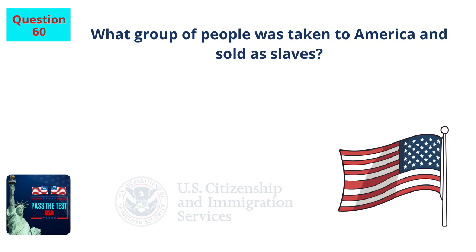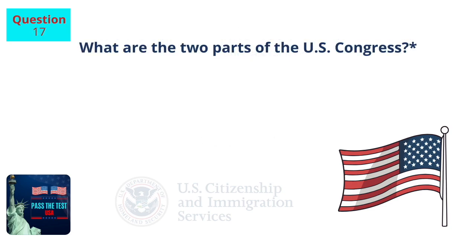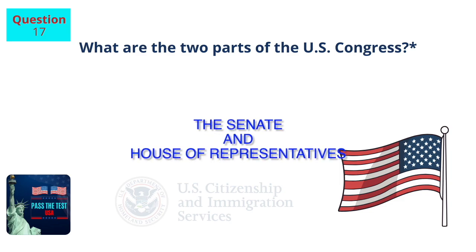What group of people was taken to America and sold as slaves? Africans. What are the two parts of the U.S. Congress? The Senate and House of Representatives.